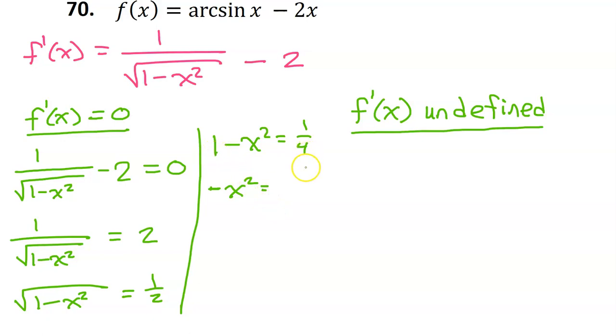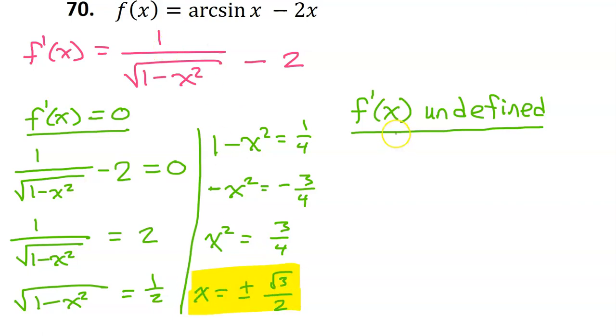Subtracting 1 from both sides gives us negative x squared equals negative 3/4. And dividing both sides by negative 1 gives us x squared is equal to 3/4. Taking the square root of both sides, we get x is equal to plus or minus the square root of 3 over 2. So we have 2 critical numbers so far.